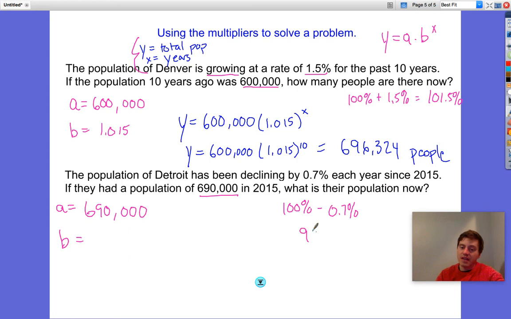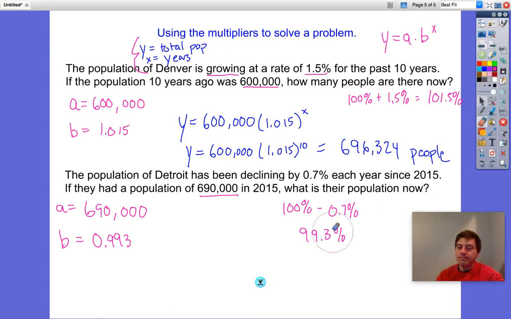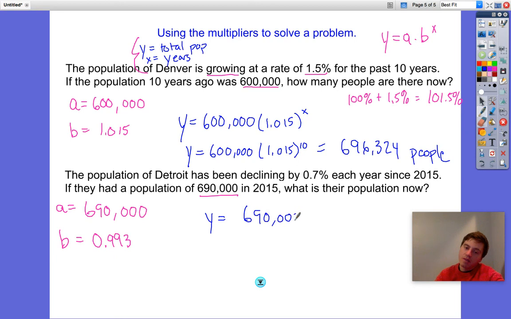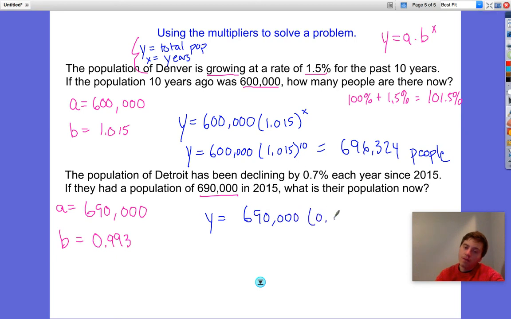What's that give me? It's 99.3%, which means that the multiplier is 0.993. So we just need to write an equation here. Y equals 690,000. That's my starting value. I'm losing 0.7%, so use my multiplier here, and for every year.